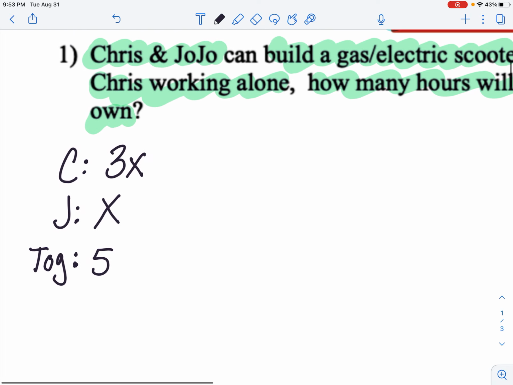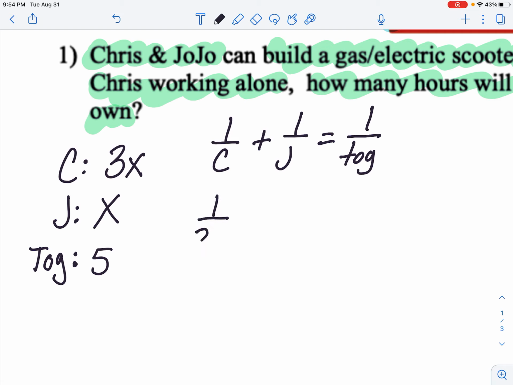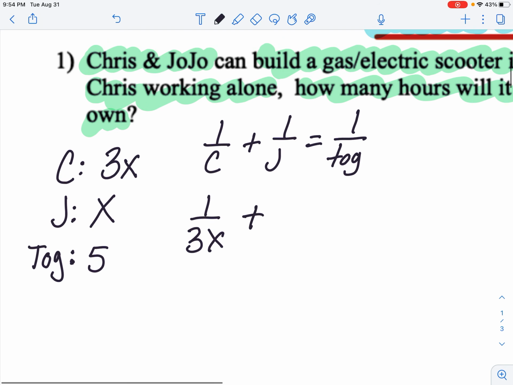So we are going to set it up, right? We're going to say the work that Chris is doing plus the work that Jojo is doing is equal to the work together. So 1 over 3x plus 1 over x is equal to 1 over 5.